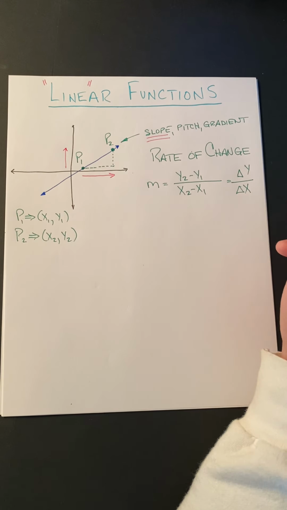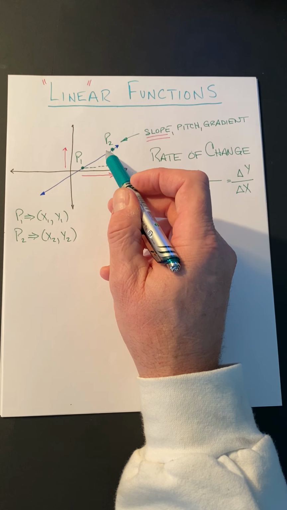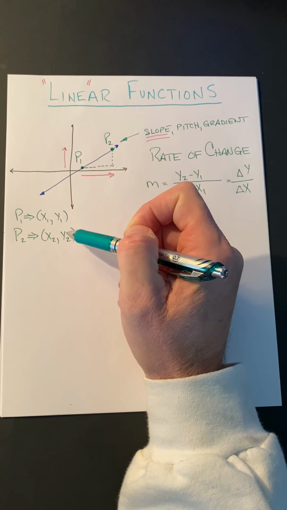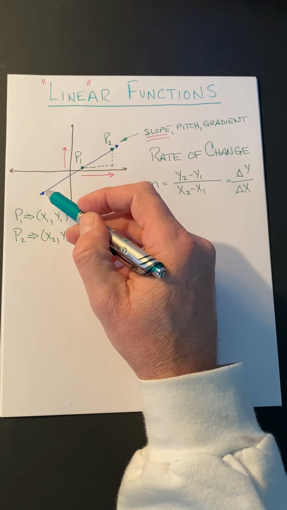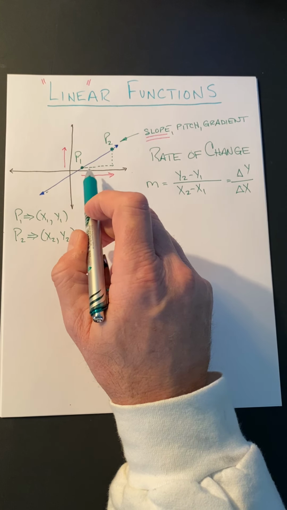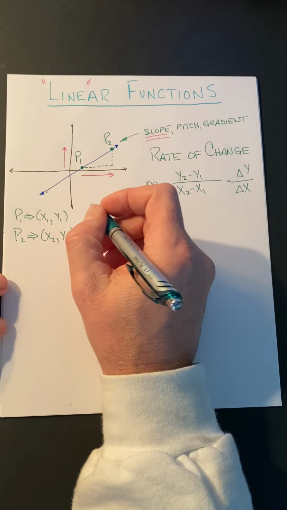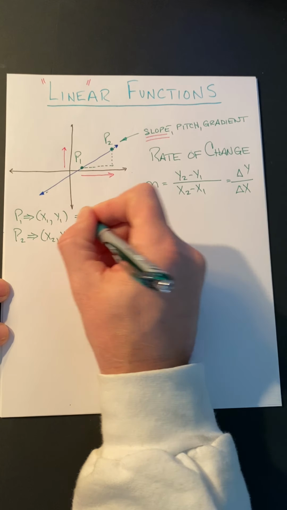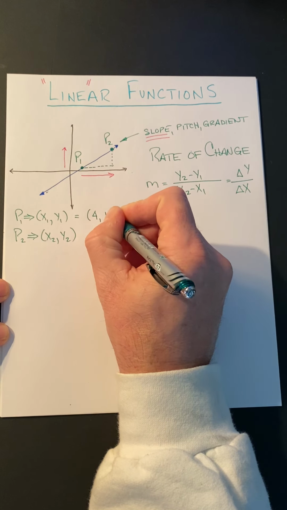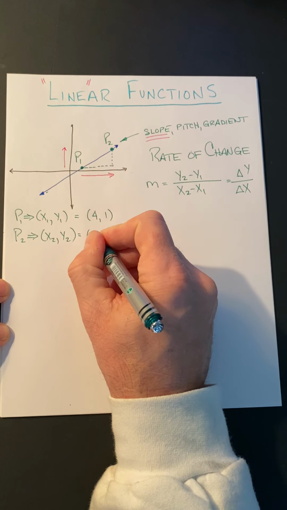So what I want you to also realize that's important about slope is whether I'm going from left to right or right to left, notice that line didn't change, and I shouldn't expect my slope to change, okay?